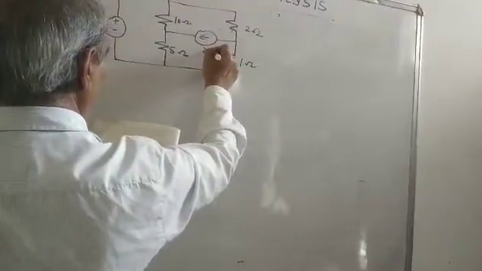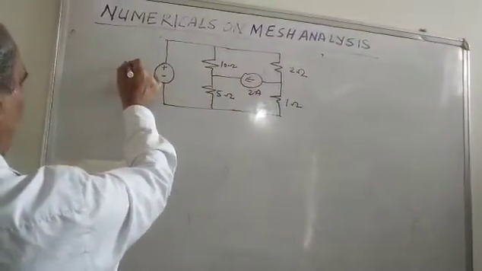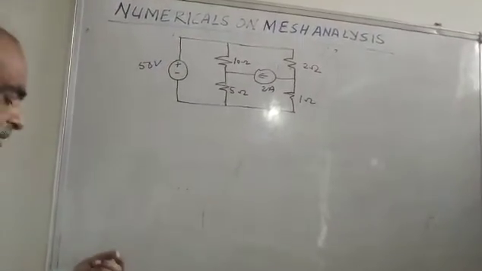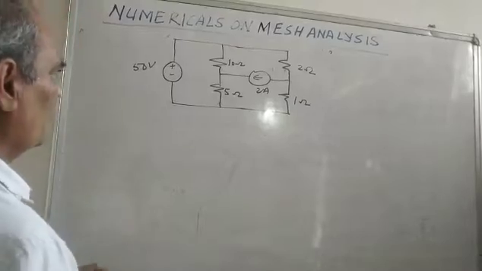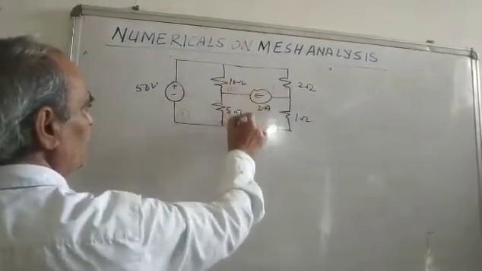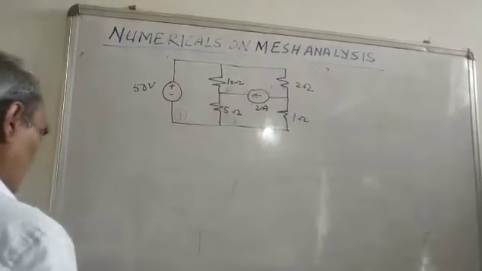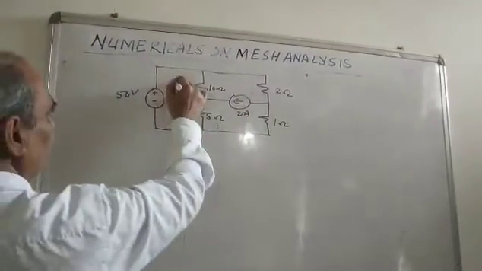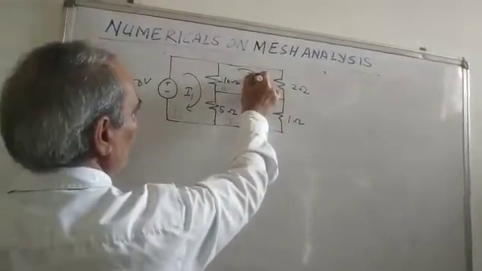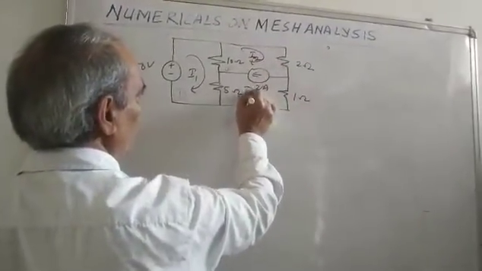This current is 2 ampere and this is 50 volt source. Same method but slight difference in this type of problems. There are 3 loops. First loop, this is first, this is second, this is third. So consider the first loop current I1, this is I1, this is I2 and this is I3.